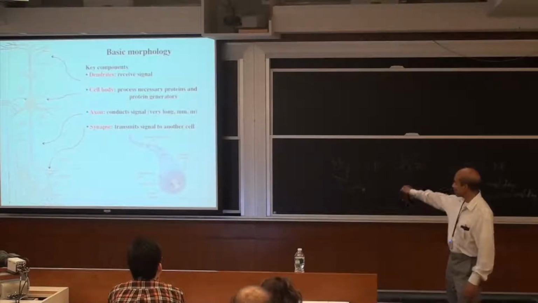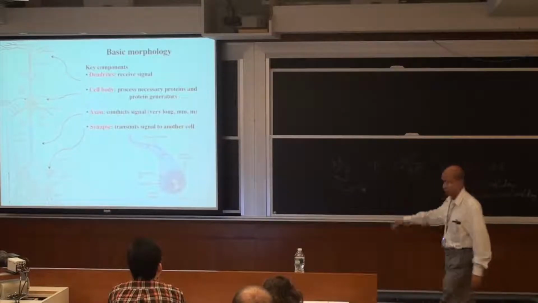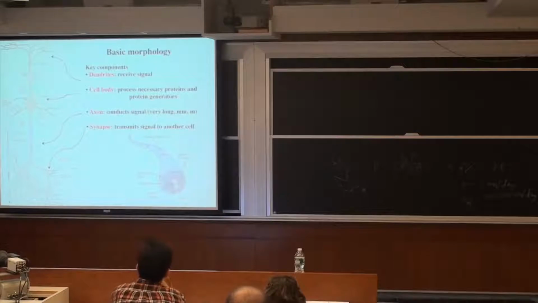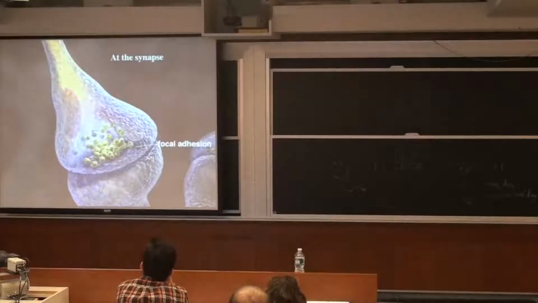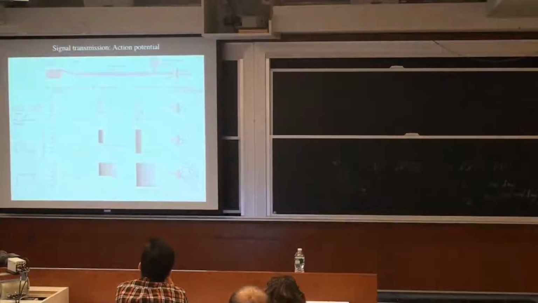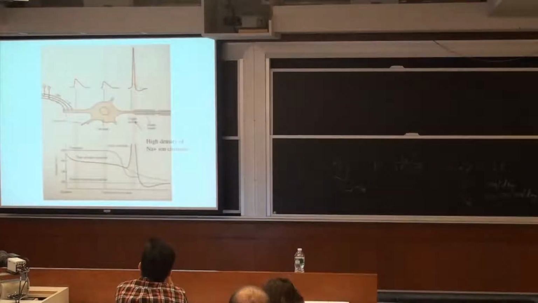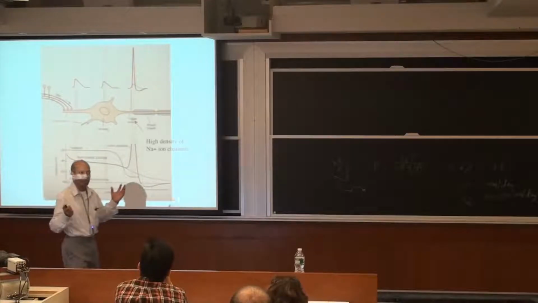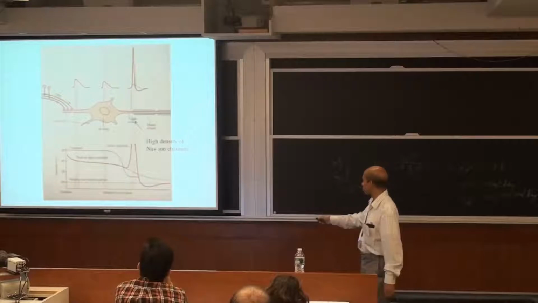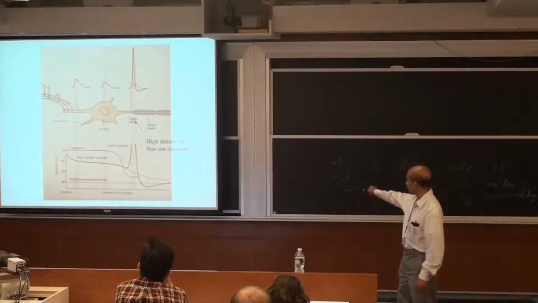So even though the signal is decaying, by the time it reaches that region, because of this high concentration of sodium-potassium channels, even though it's decayed here, at this point there's an avalanche of sodium-potassium channel opening and closing. And you get a high amplification of the signal. Okay? So this signal goes way up.